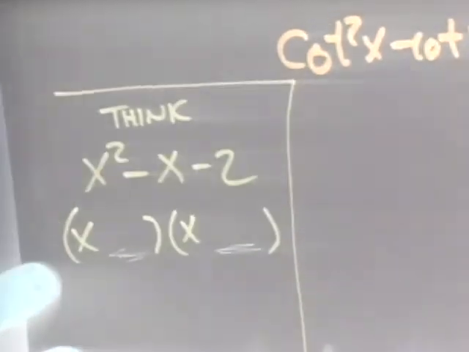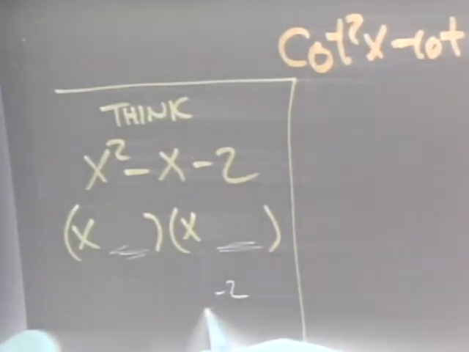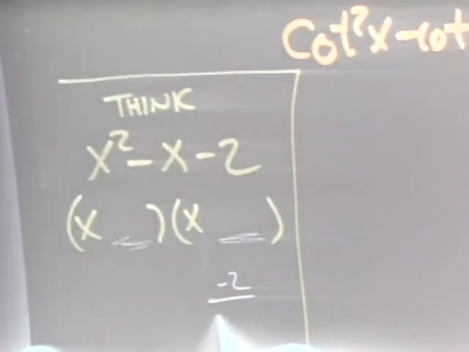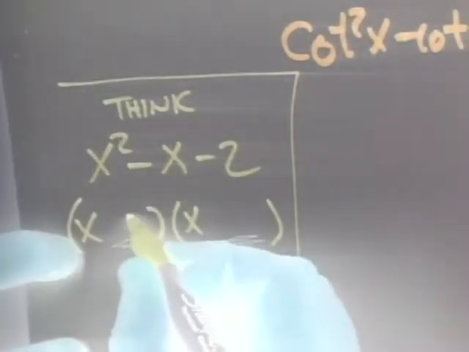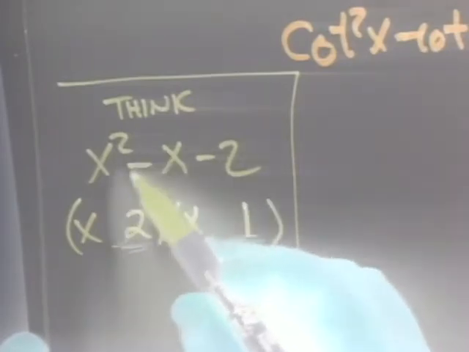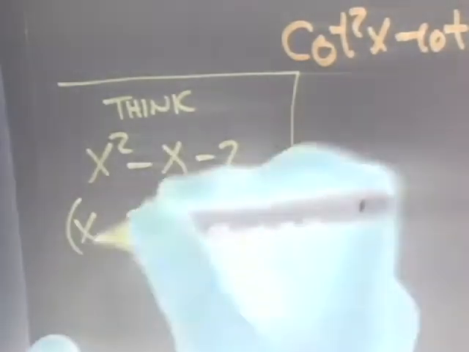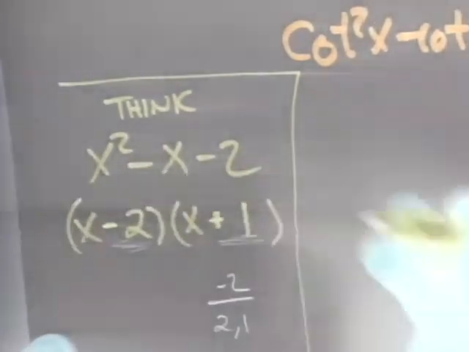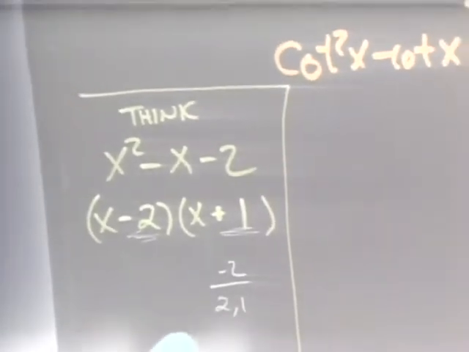I always do this chart: the only way you can get a 2 is a 2 and a 1. So put your 2 and a 1 in there. And if you want them to add to negative 1, you'll want negative 2 plus 1. And that's it.